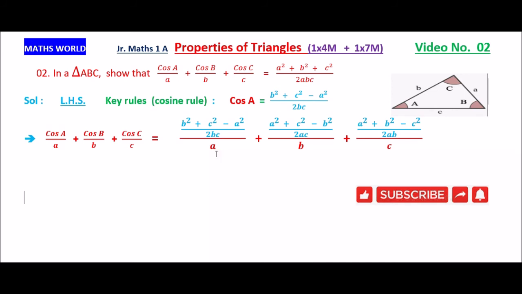Now see the denominator here: A, that means A by 1, B by 1, C by 1. We can take the reciprocal.